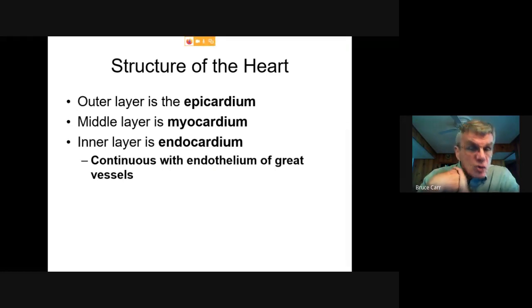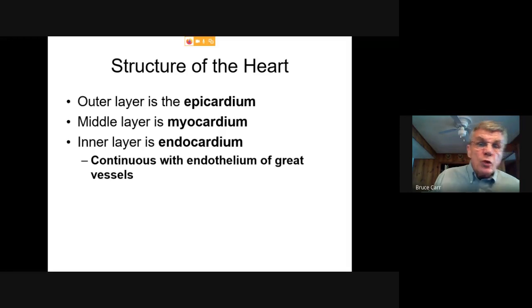The inner layer, because it's a surface, and here I'm talking about those cells that actually face the inner chamber, so the cells that are coming in contact with the blood as it fills the heart and then is expelled, is epithelial tissue and called the endocardium. These are surface layers that are continuous with the inner surface layers of the great vessels.